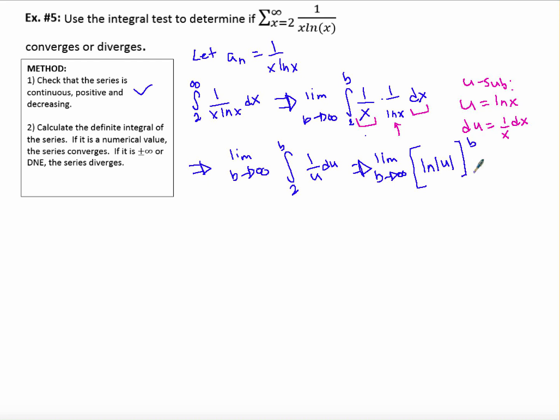And we're going to calculate this from 2 to b. I prefer replacing my u back in instead of replacing my upper and lower limits of integration. So let's continue by replacing our u value with ln x.